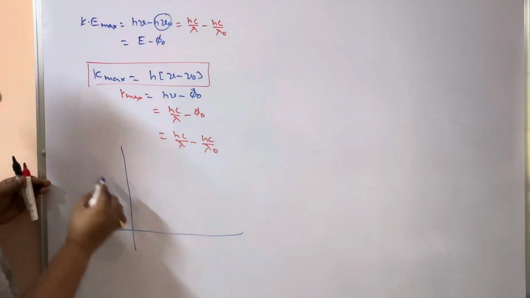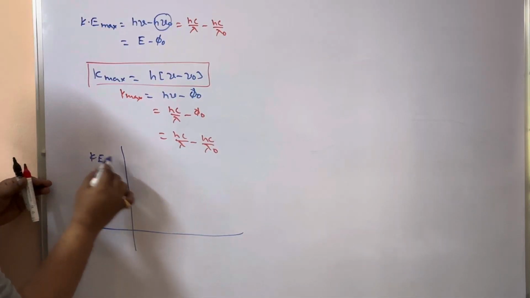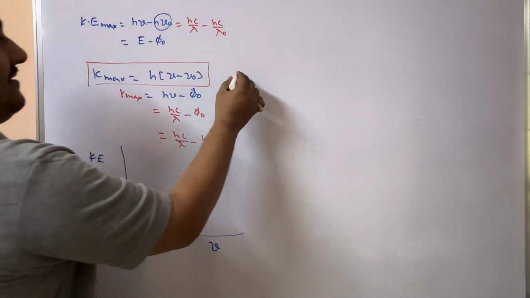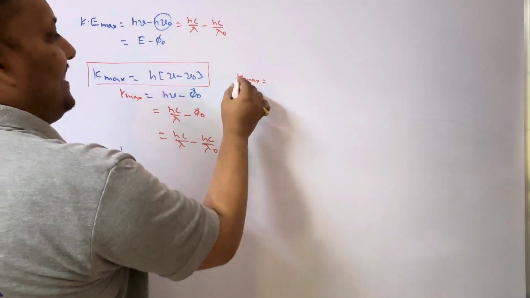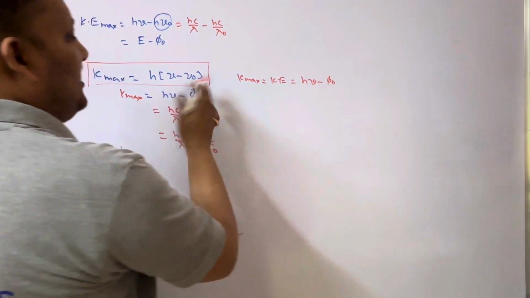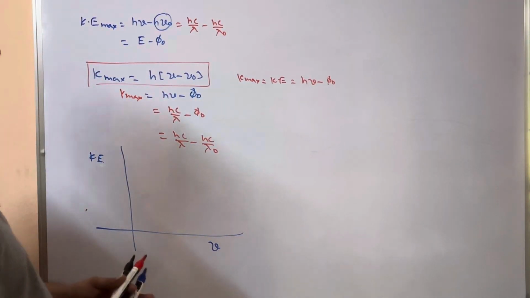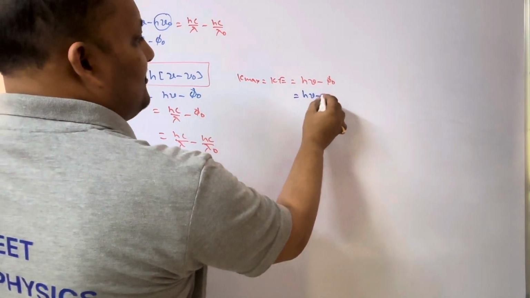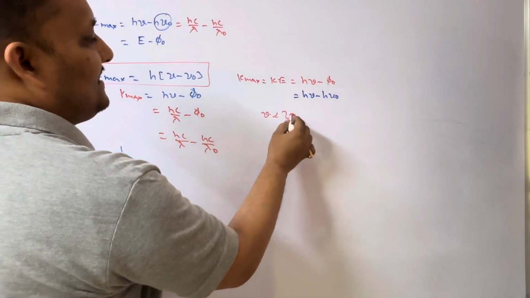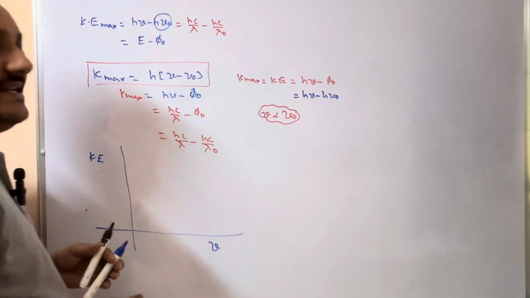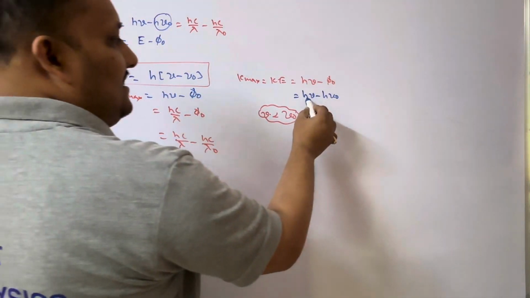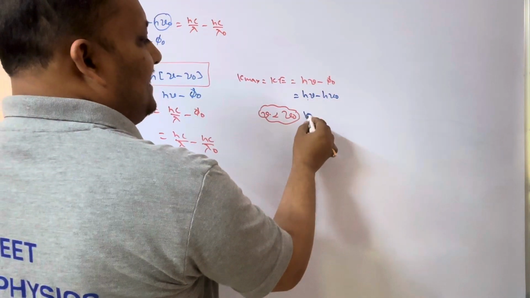Graph drawn between kinetic energy and incident frequency. So this is the equation. K maximum, or kinetic energy, is equal to h nu minus phi naught, or h nu minus h nu naught. If nu is less than nu naught, incident frequency is less than threshold frequency, then this value is going to become negative.